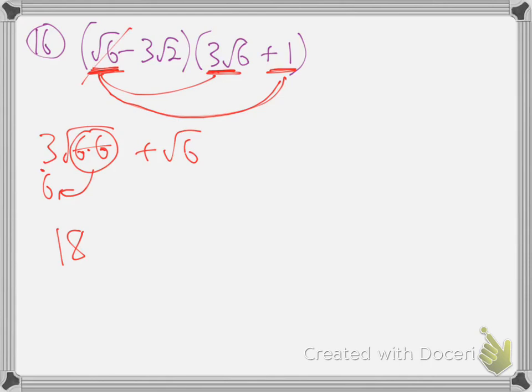Root 6 times 1 is just root 6, right? Now, that guy's done. Now it's this guy's turn. The negative goes with him. That's his baby. That negative goes to both there. So go ahead and take that one to both.